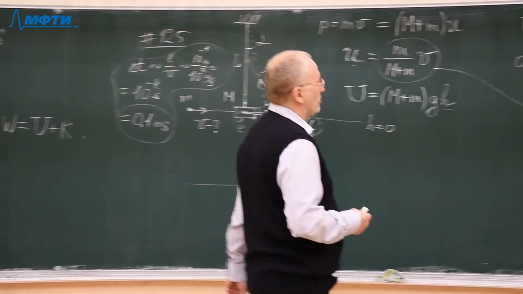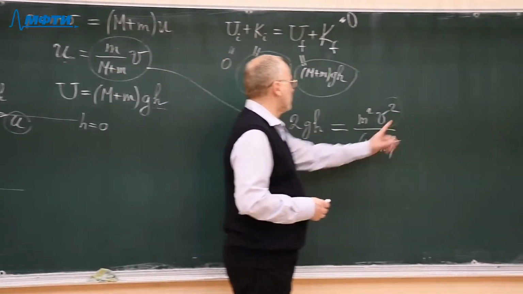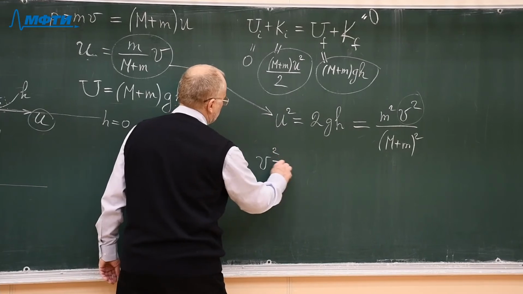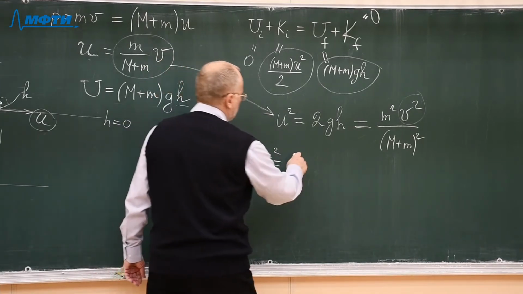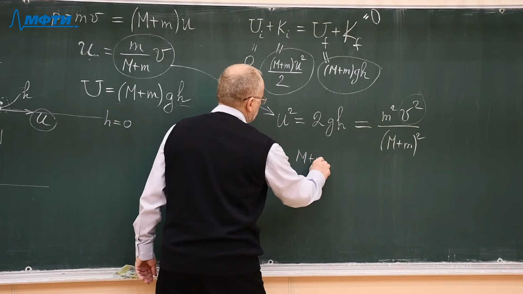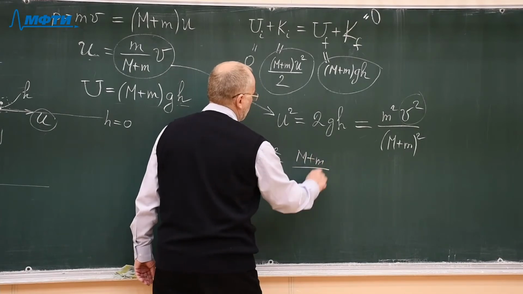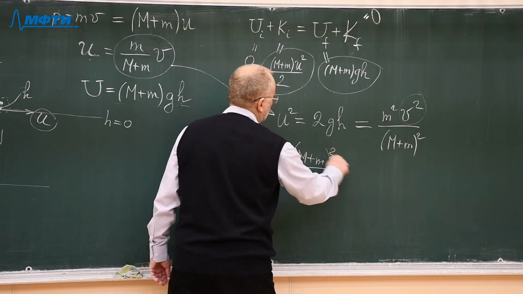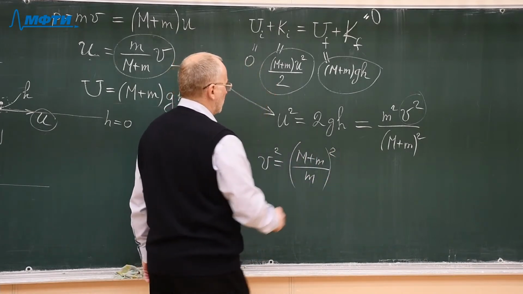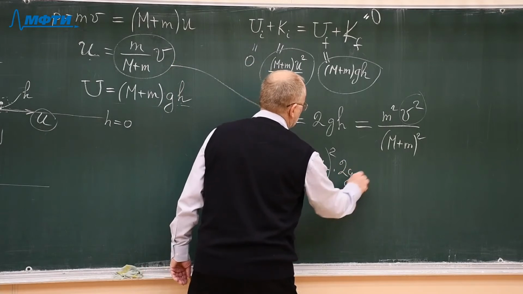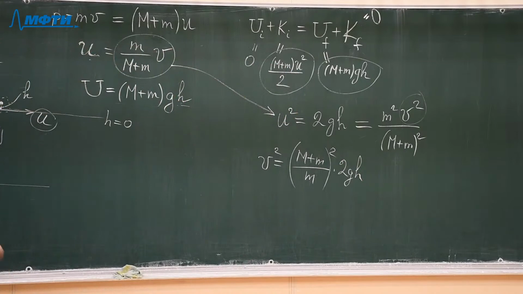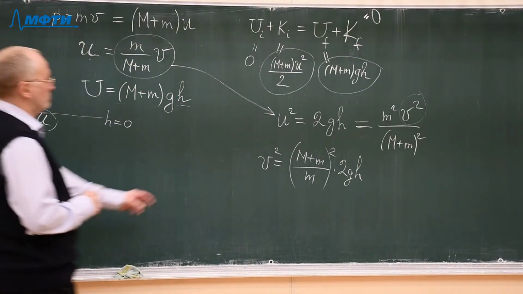So from here we can find the velocity of the bullet squared. It's capital M plus small m over m, squared, by 2gh. That's the velocity of the bullet.